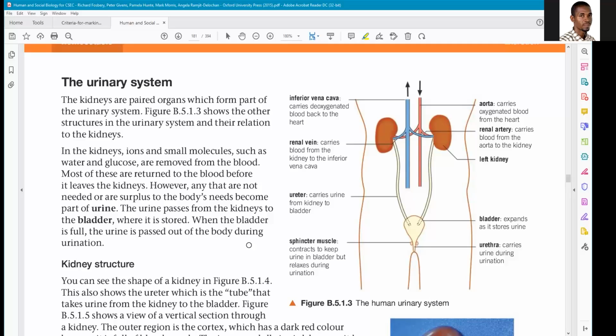Ions that are needed would be reabsorbed. Okay? And the amount of water, depending on the concentration, would be reabsorbed. The rest continues along the tube and joins up to the big tube called the ureter, and travels down to the bladder where it is stored. It trickles down there.